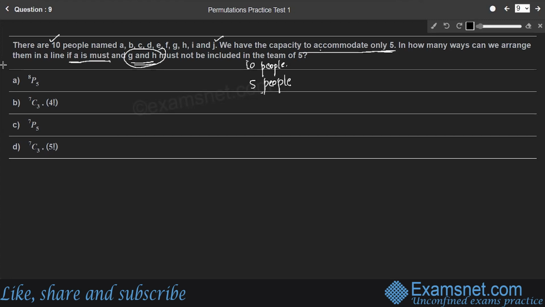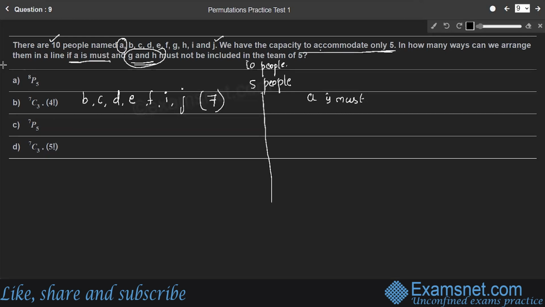So given that G and H must not be included, the included people are: A is a must, so we'll consider A is a must, and the remaining people are B, C, D, E, F, I, and J. These 7 people.